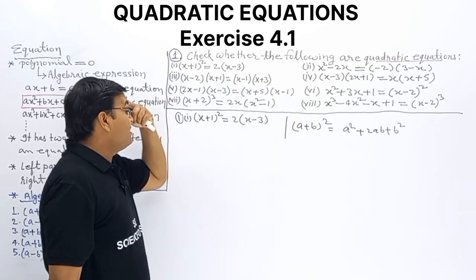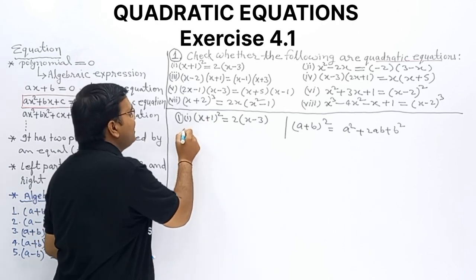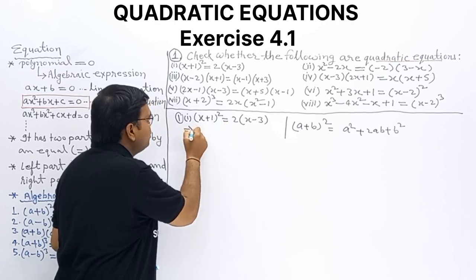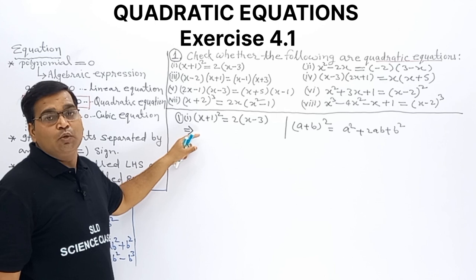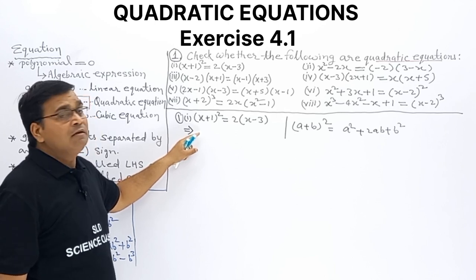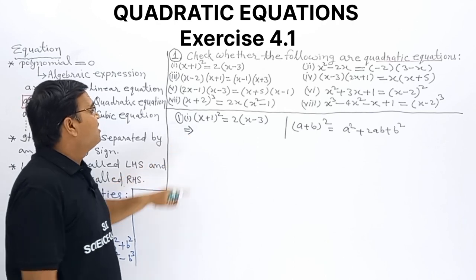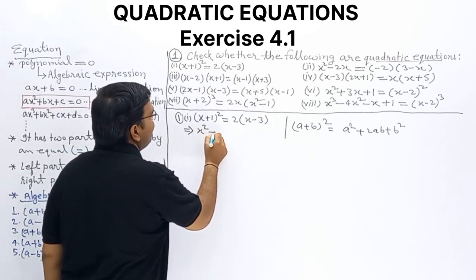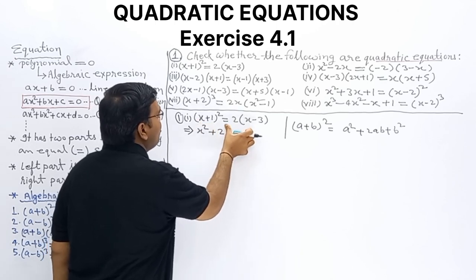Now apply this identity in the left hand side of this one, then what we are getting? There is an equal sign, so we will use this symbol, implies. In the next step we solve, then we will use this symbol, implies. Clear? Apply this one. This one will be x square plus 2 times of ab. What is the a?